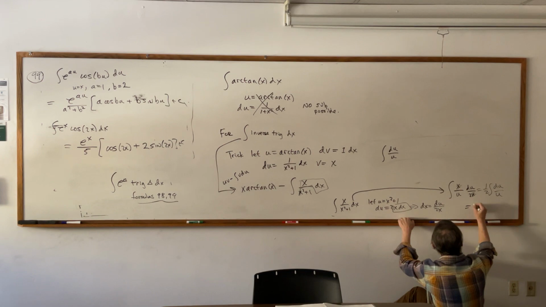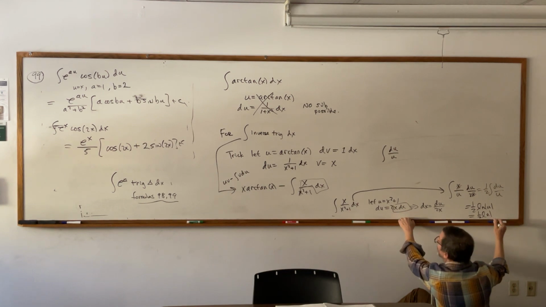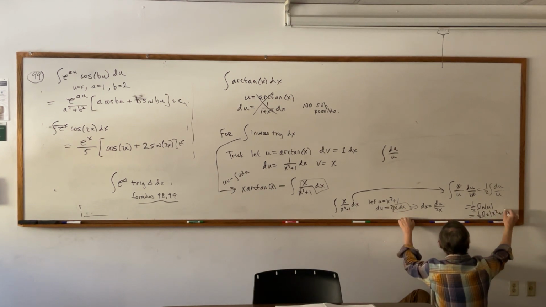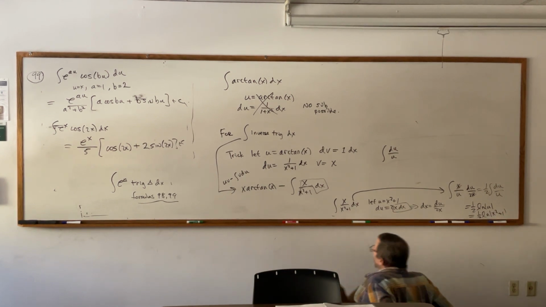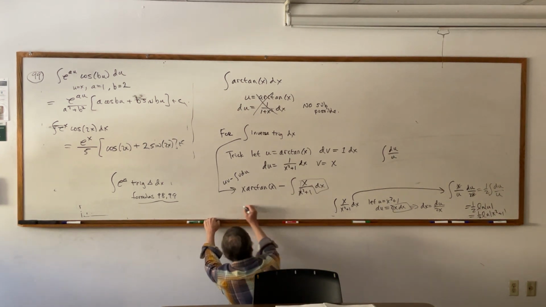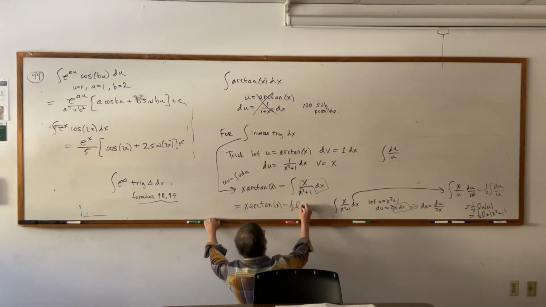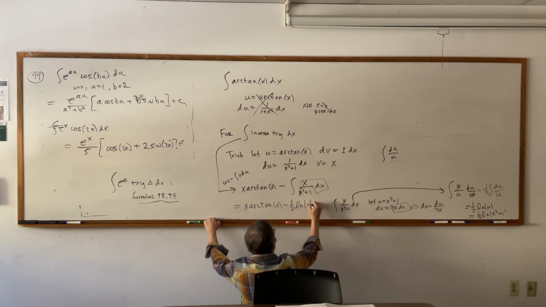Yay, natural log of u, back substitute: 1/2 natural log of x squared plus 1. So all of this just becomes that answer over there. And I've got a really funky thing that no human would look at and guess, that's for sure.